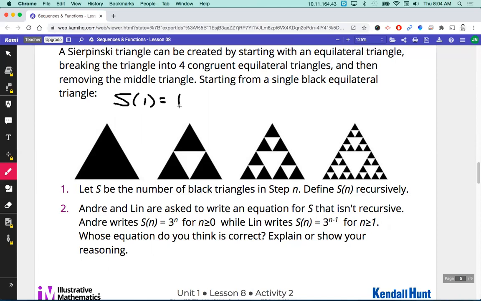So in the first item of the sequence, we had 1 triangle. To find the nth term, we took the previous number. We multiplied it times 3. So you multiply the previous term times 3 to get the next term.